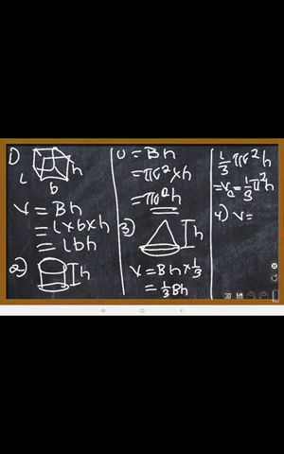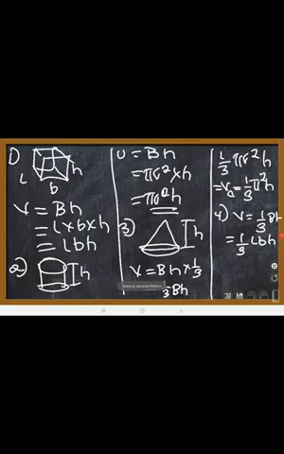The volume of a square-based pyramid is 1 over 3 base area times height, which is 1 over 3 times square base, L B H.